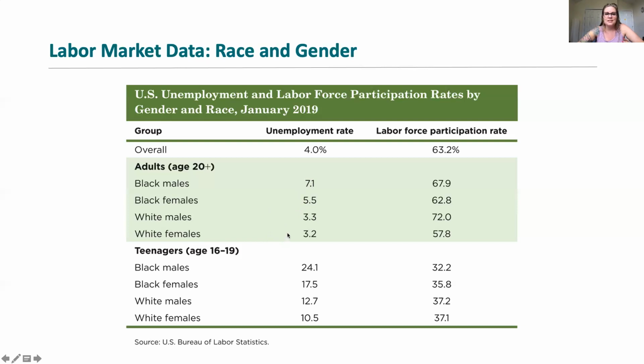So this is direct empirical evidence of structural institutional racism, right? The fact that people of color have had less access to training, education, and skill building, and are discriminated against in the hiring process.